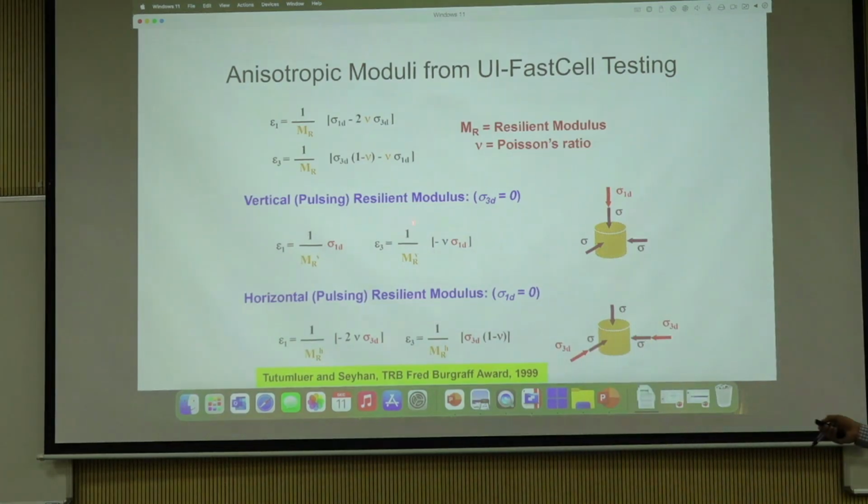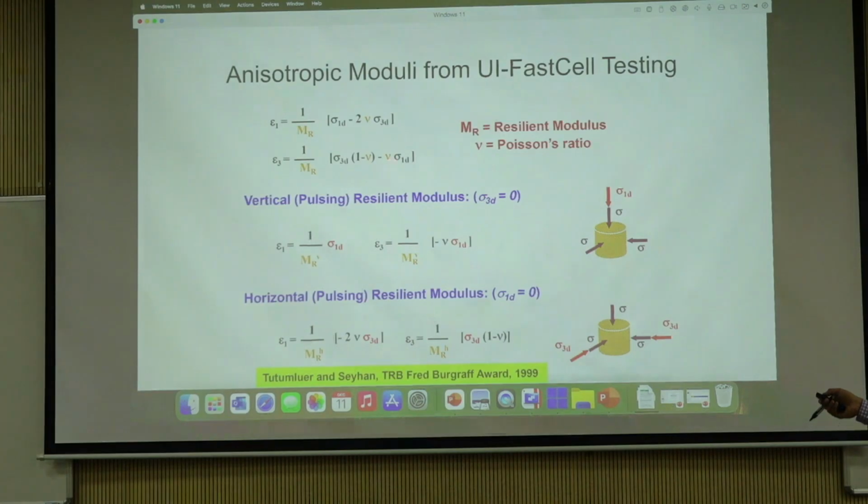When vertical pulsing only, sigma 3d is 0. So this term becomes sigma 1d over MR is epsilon r. Isn't that what you are working with to start with? Yes?